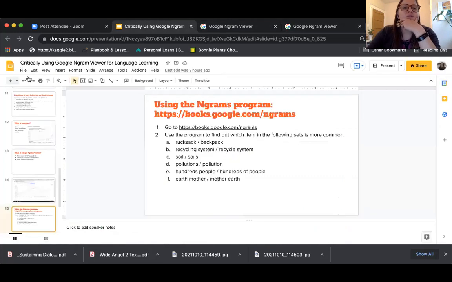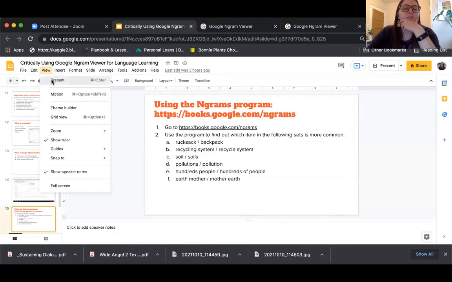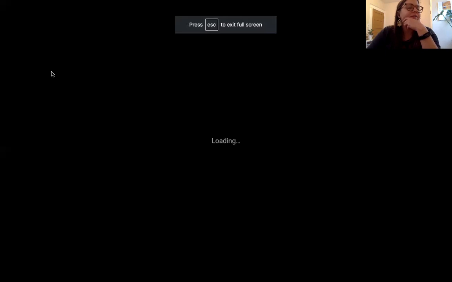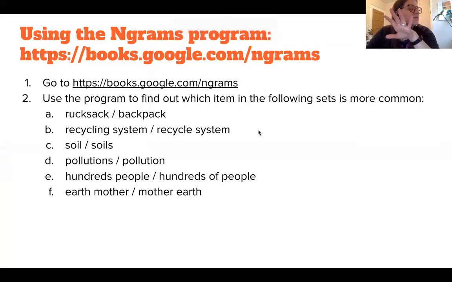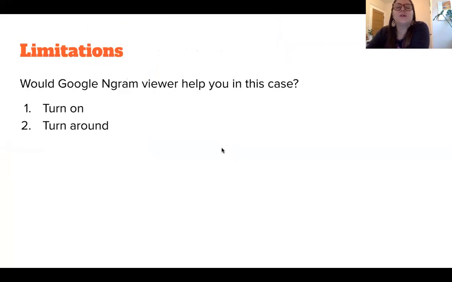So I always do in this lesson, it's kind of like my sneaky way of selling them on COCA. You might be a little bit confused because I'm talking about Google here. But I do always want to kind of draw their awareness to the fact that Ngram Viewer does have limitations. In many cases, if you can think of 2 or 3 options, it can help you find the one that's most common.